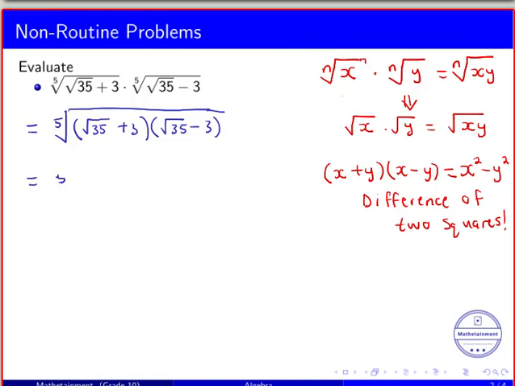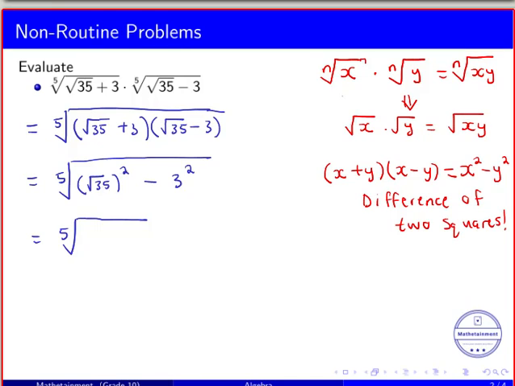That's why here I'm going to have my fifth root, and underneath this fifth root, having a difference of two squares, it means I need to have a square root of 35, all squared, minus 3 squared. And my following step will be a fifth root, and underneath the fifth root, a square root of 35 all squared.